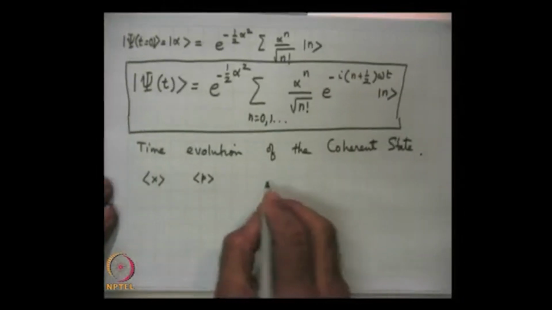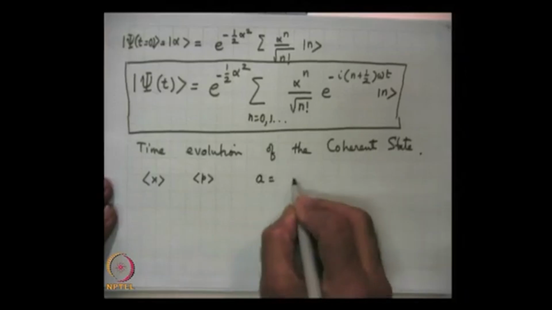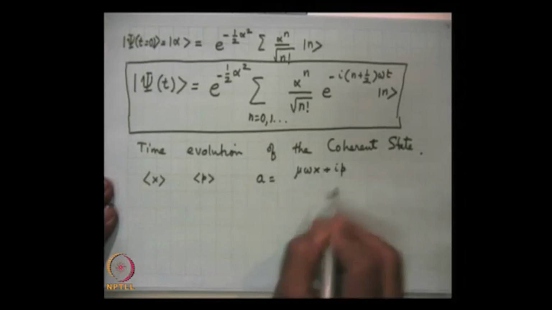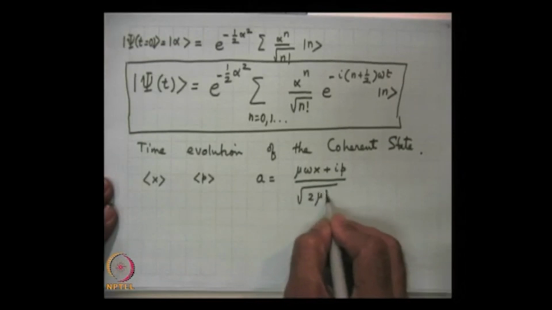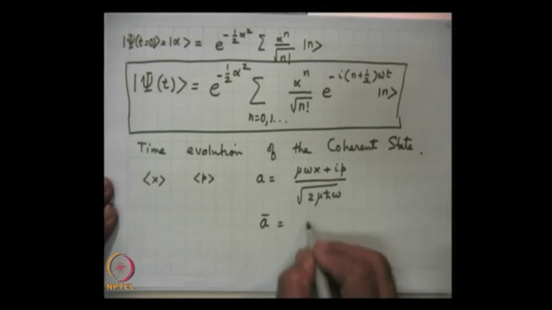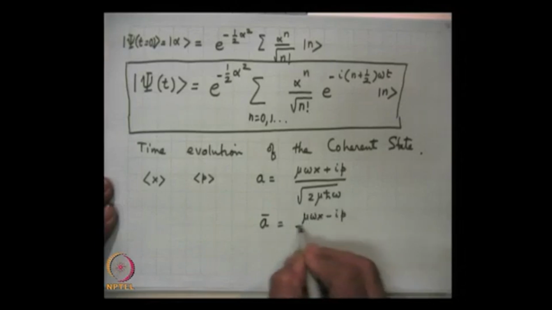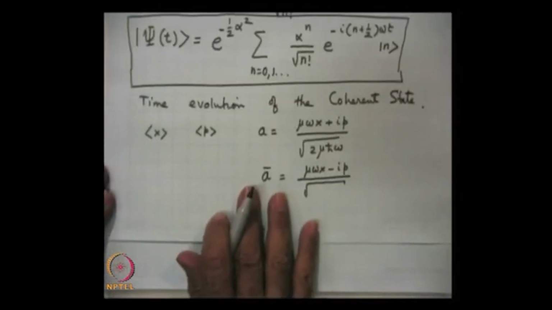You recall that the operators A and A bar we had defined as A is equal to mu omega x plus i p divided by under root of 2 mu h cross omega, and A bar was mu omega x minus i p divided by the same under root. In order to obtain an expression, we add these two.